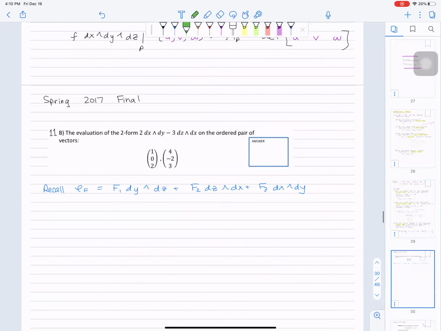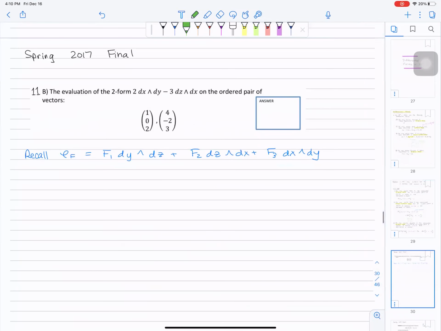So, for example, we can do it here. We have a two form and we want it to eat two vectors. It says evaluate this two form on the ordered pair. Let me do it the forms way. So I can do method one using forms. I can just keep my 2dx wedge dy minus 3dz wedge dx.